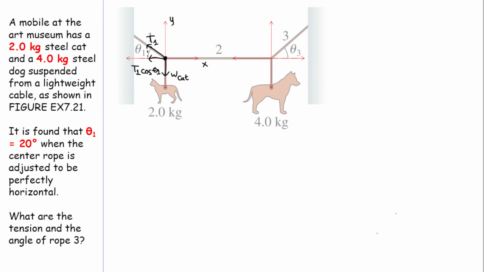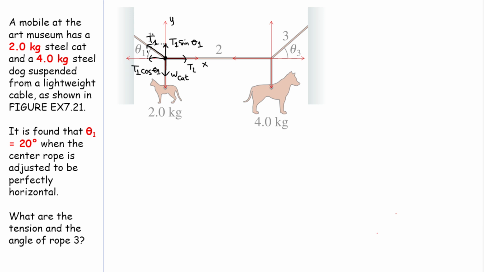And for the y component, obviously we will have sine, so I'll have T1 sine of theta 1. And also we have another tension of the rope, which is pulling this to the right, which is the tension of rope number 2.